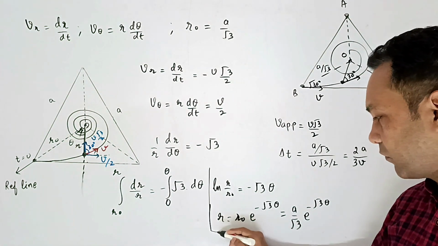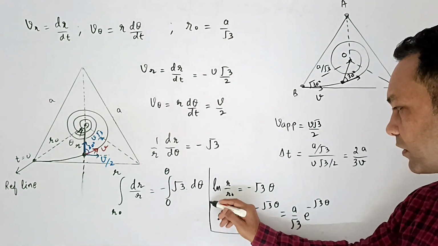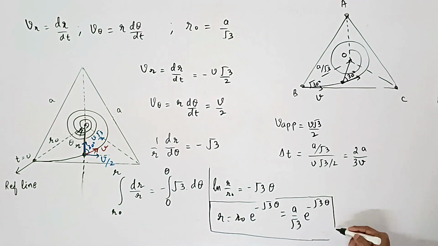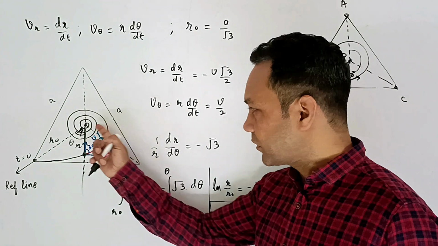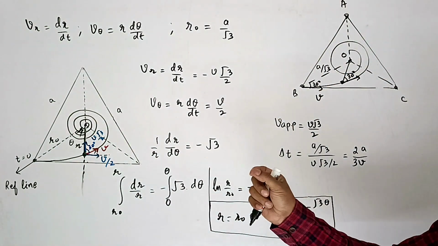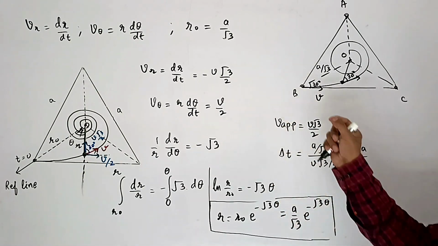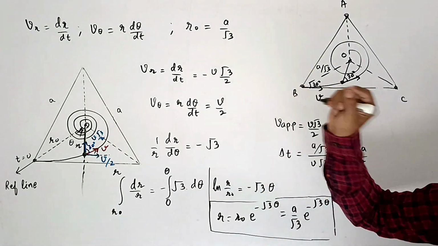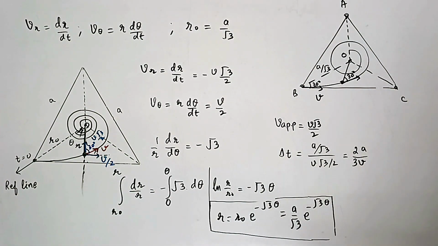This is the equation of an equiangular spiral. So the particle is going towards the centroid continuously. The minus sign tells us the radius decreases. So it will take a lot of turns before arriving, and the radius will be decreasing. It will follow this path.